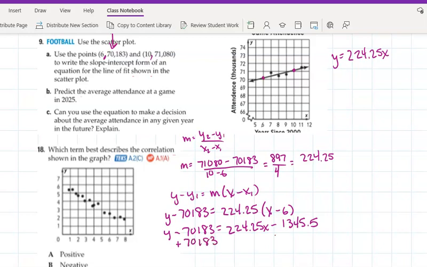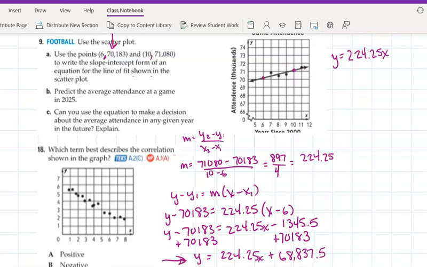I'm not going to add it to the x term, just add it to the number, 70,183. So when I do this, I get y equals 224.25x plus 68,837.5. So that's the equation of the line.